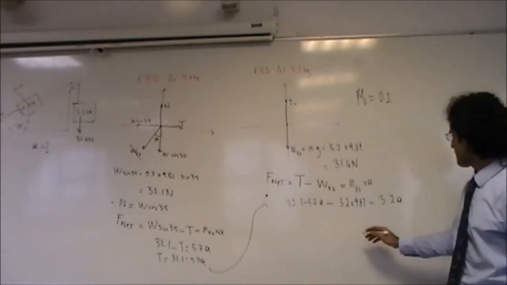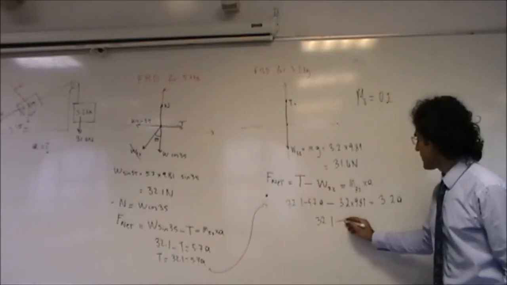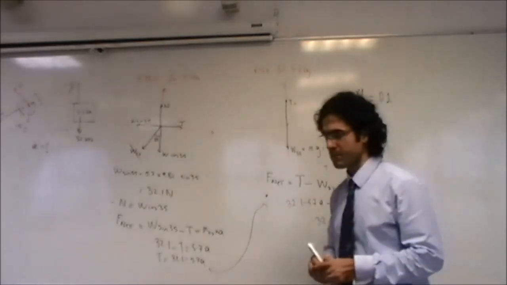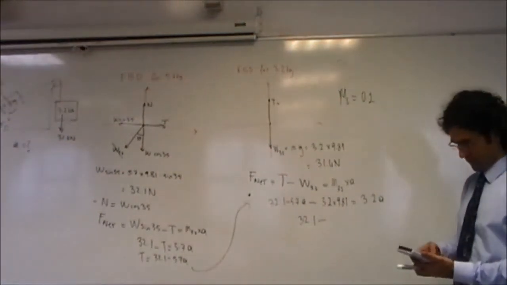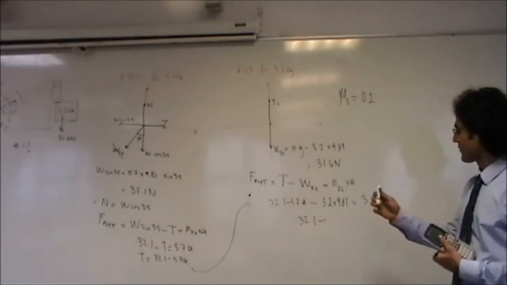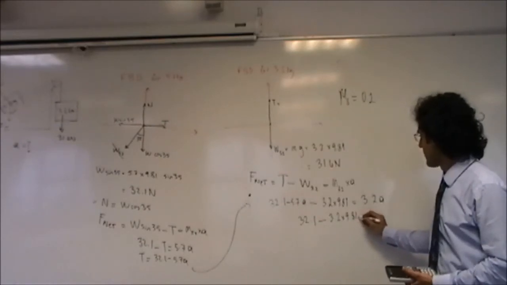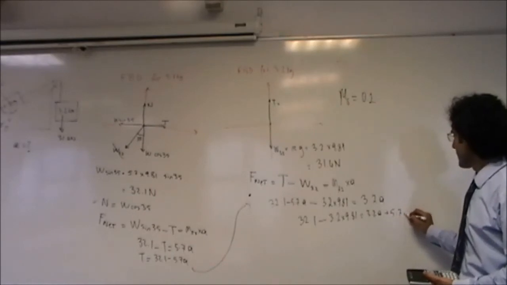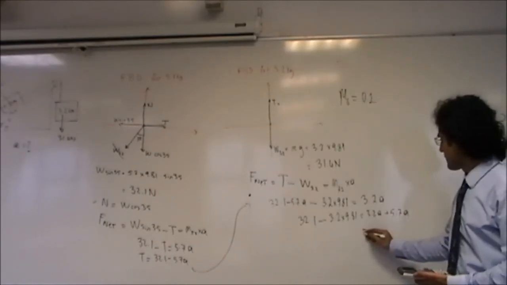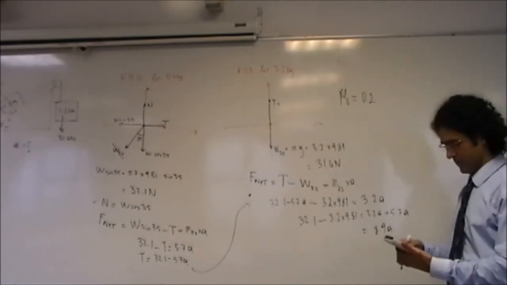Now, what do we have? 32.1 minus, let me do this calculation. Let me just write this one and I will do the calculation at the end. 3.2A plus 5.7A will be equal to 8.9A.